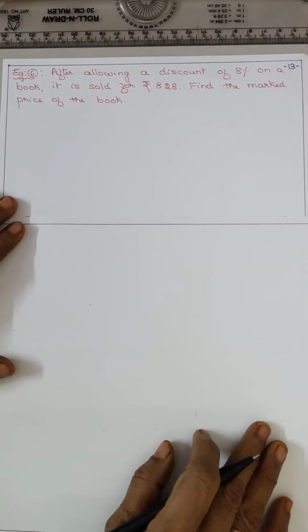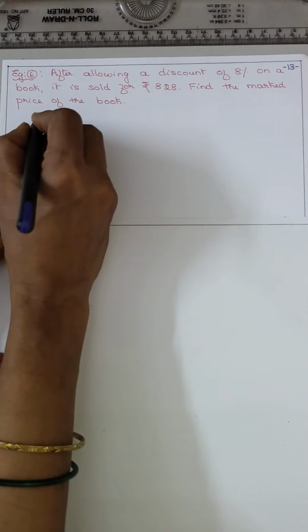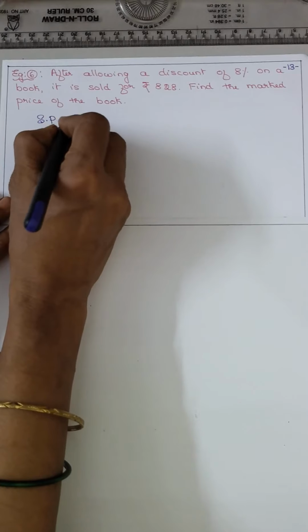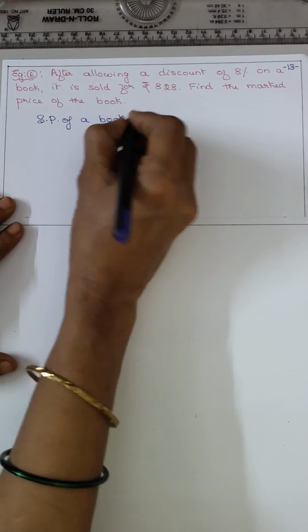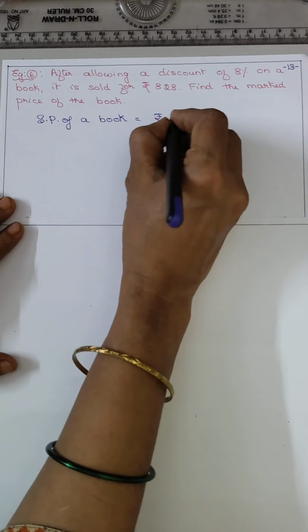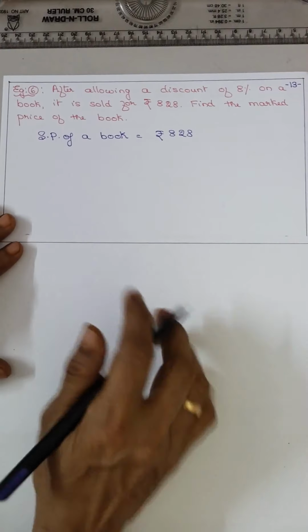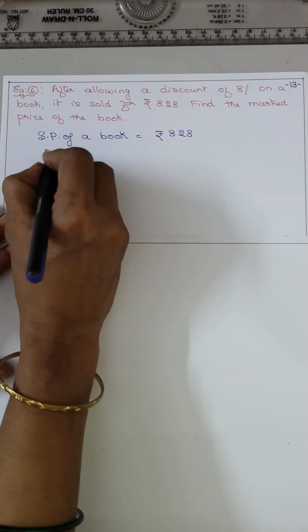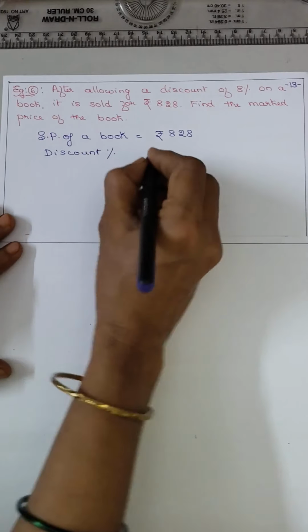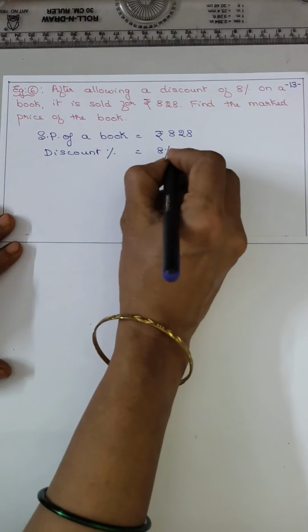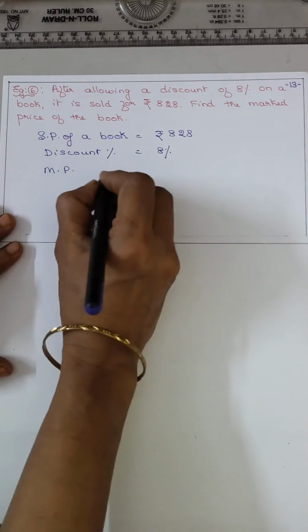It is the discount percent and SP sold. So SP of a book is equal to rupees 828. Now discount percent is equal to 8%. Now they have asked you to find out the MP.